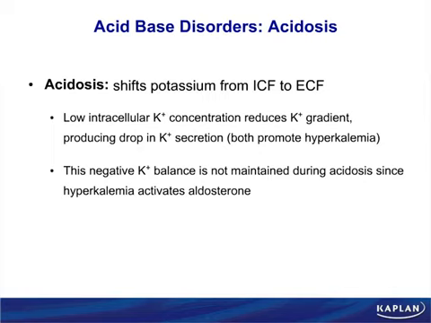So part of the management of DKA is to replete potassium, even though when they present to us, they do have hyperkalemia. This is because of transcellular shifts. As soon as we give insulin, you will activate the sodium-potassium ATPase. You will very quickly push potassium back inside cells, and you will cause hypokalemia. So you're going to have to replete potassium very quickly, very aggressively. This is a high-yield point that they like to ask you about on the exam.